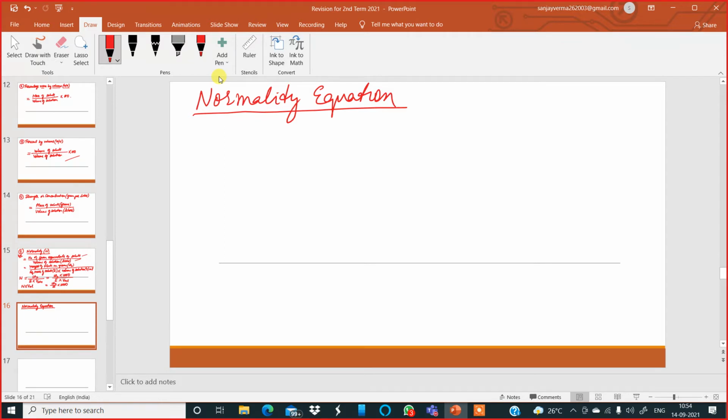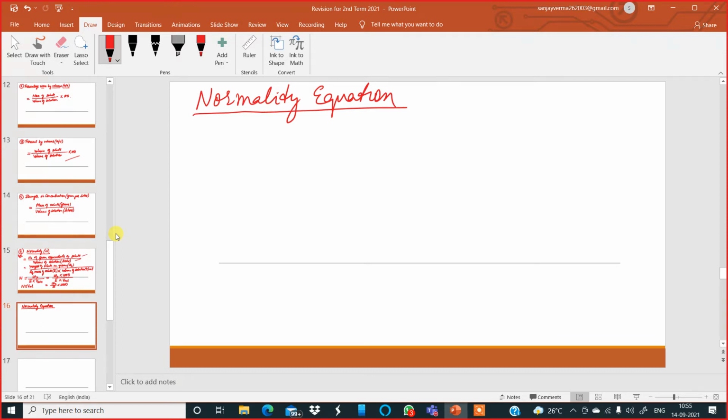So, you have to apply the normality equation. I'm just giving you a hint only. I will not tell you which question I have given, but in that particular question, you have to apply this equation, where this expression is going to relate the normalities and volumes of two solutions which are reacting in a titration reaction.